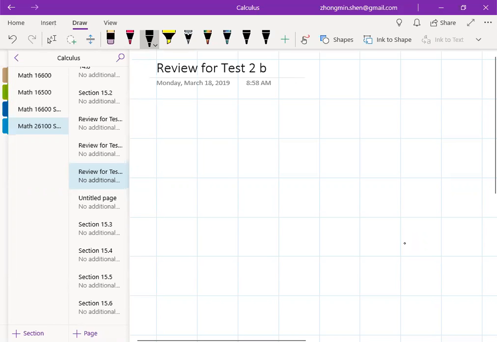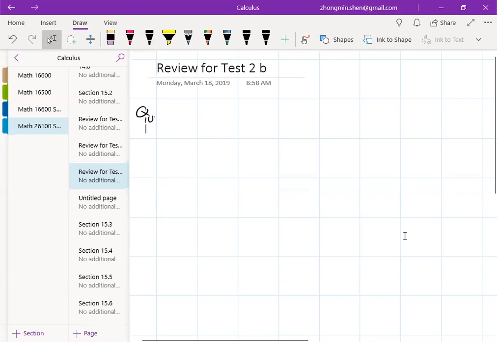Okay, I still do it backward, because I think the more difficult problems are at the end. So the first problem I want to discuss is problem number 10 from test 2 version number 2, the second sample test.